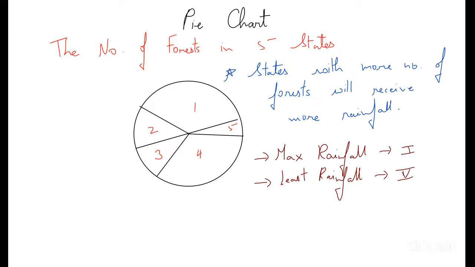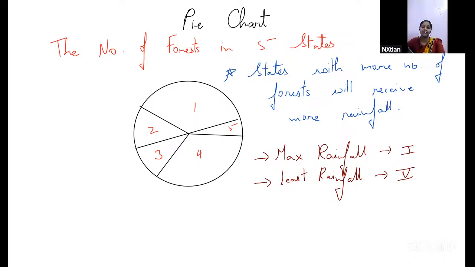So what we did now, we had the data of 5 states and the number of forests in them. Not exactly the number, that is not mentioned, but an assumption of the minimum and maximum. So now we put that on a pie chart, and when questions are asked to us, we can answer just by looking at the pie chart.